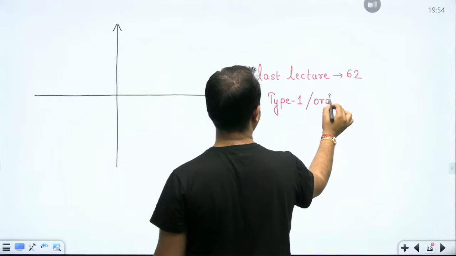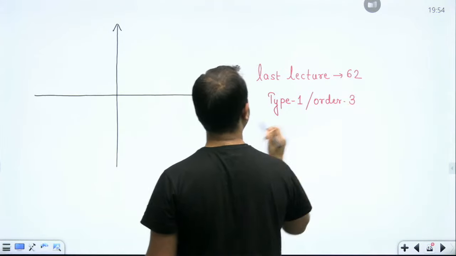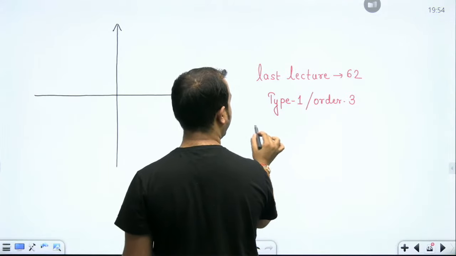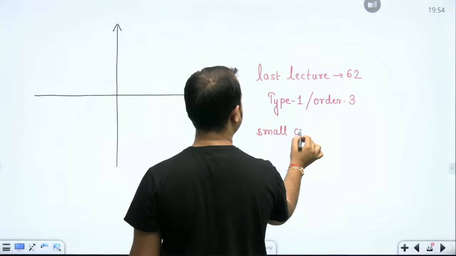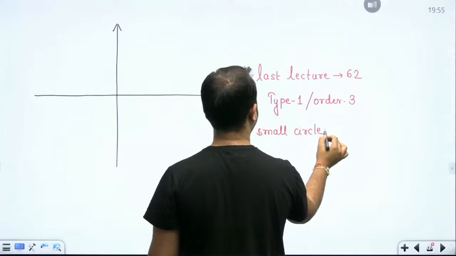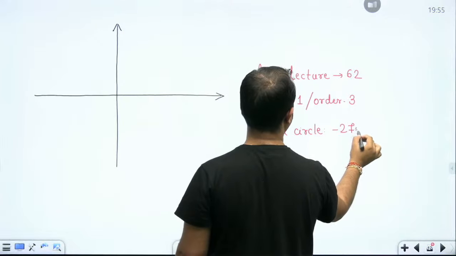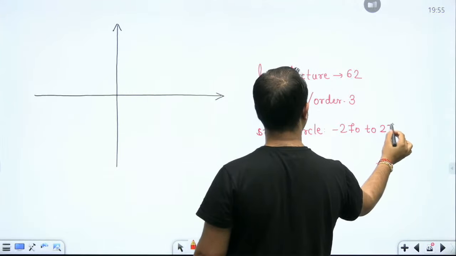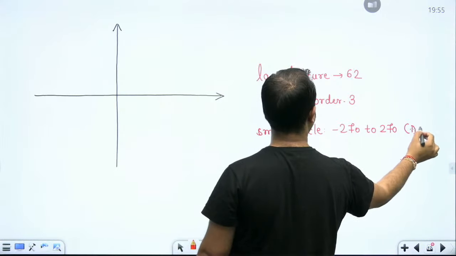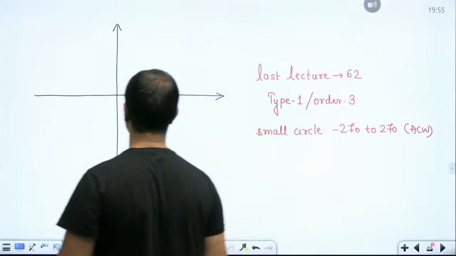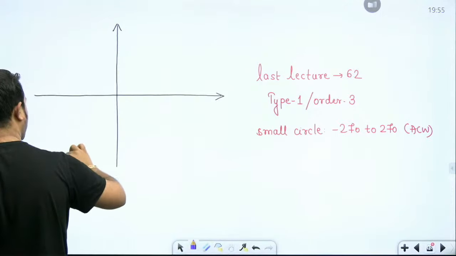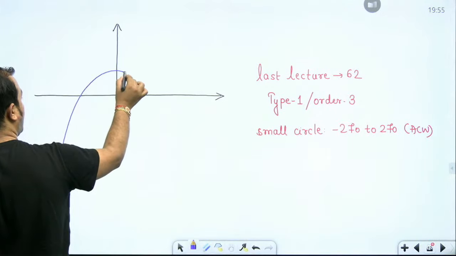If you watch lecture number 62, there we had, for the small circle we were getting, and this also should be anti-clockwise. Someone correctly pointed it out. So how was this?